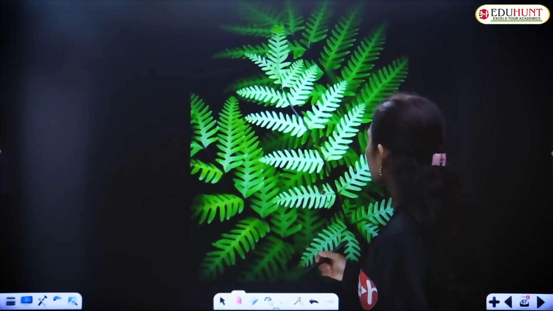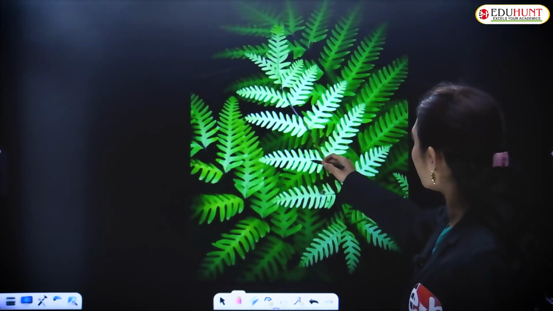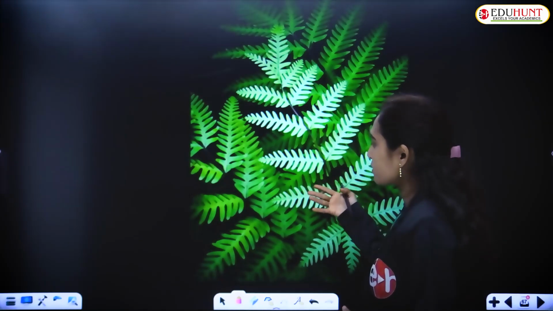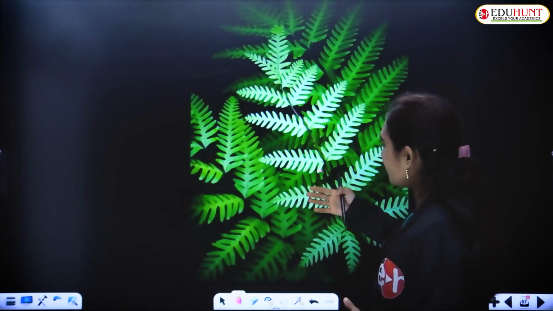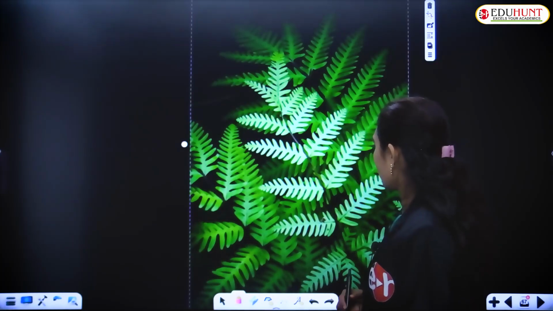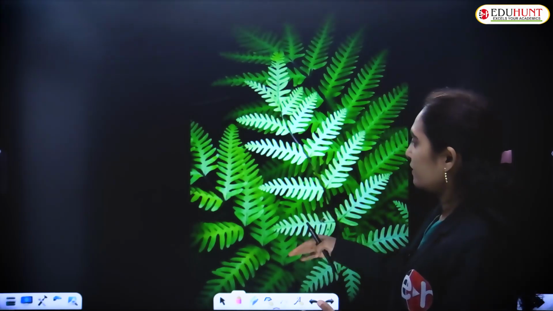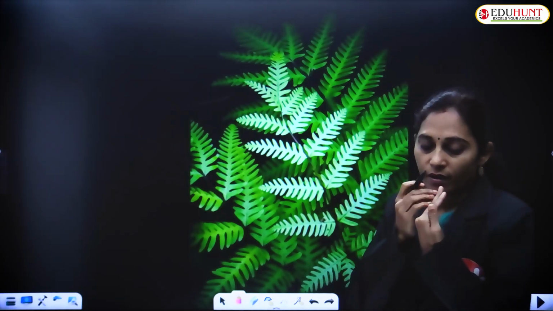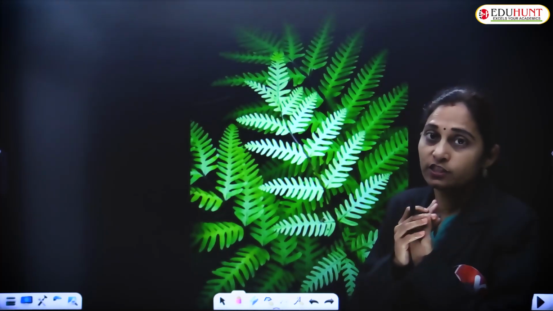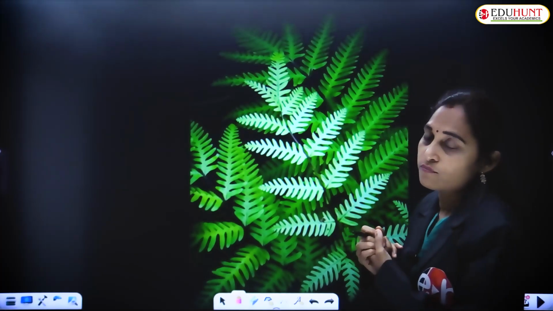This is Pteris. The leaves, how the leaves are arranged, see the picture. And these are called fronds, and behind some of the leaves, they have the sporangia attached to the abaxial surface of the leaves.